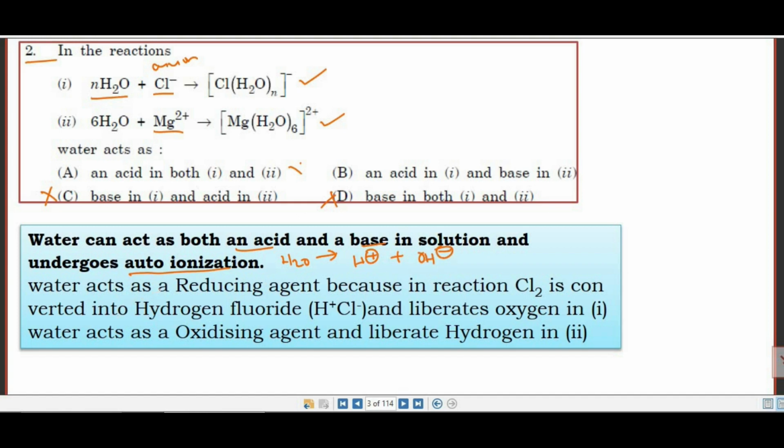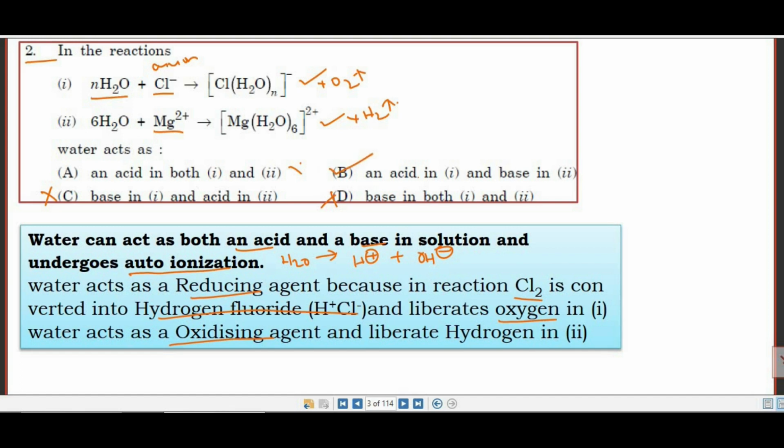Water can act as a reducing agent because in the reaction Cl2 is converted to HCl and liberates oxygen. Here the oxygen is liberated in 1. Water acts as an oxidizing agent and liberates hydrogen in 2. Here hydrogen is liberated. Hence option B is correct.